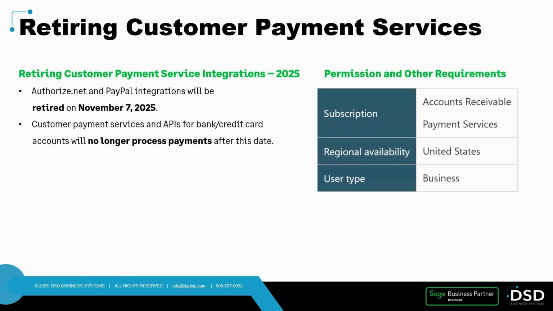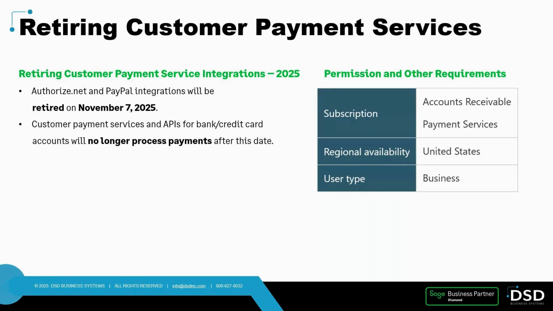Sage is going to be retiring Authorize.net and PayPal integrations in November. This is just Sage letting you know that if you are using these at the moment, let's go ahead and look for an alternative software that we can use.